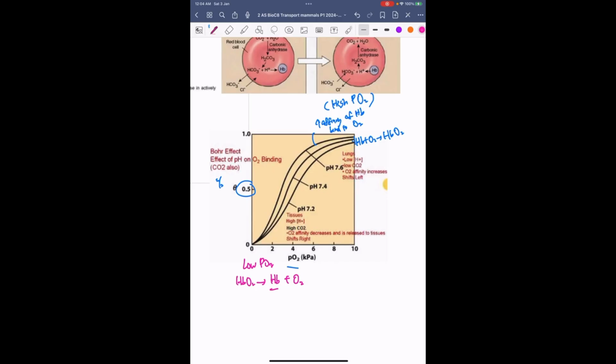So when you want to cause a reduction in the oxygen saturation of hemoglobin, which means the hemoglobin will tend to release the oxygen, that means you need to increase the hydrogen concentration, or you need to increase the carbon dioxide level.